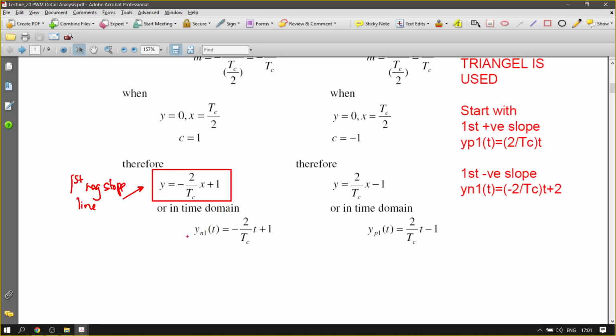Or in time domain, if we change it to time domain, this is known as yn1 of t equals minus 2 over TC t plus 1. X is replaced with t. I hope you got it.